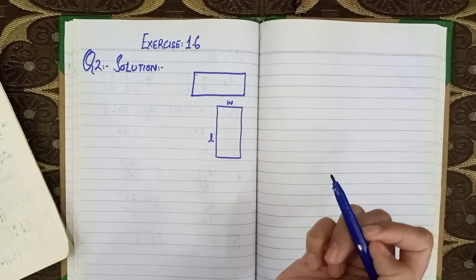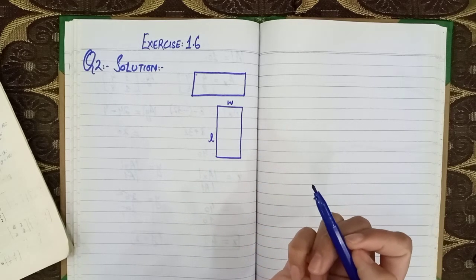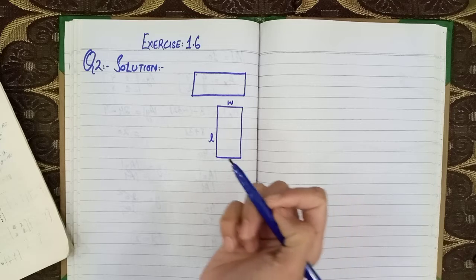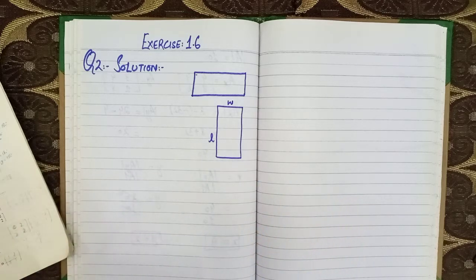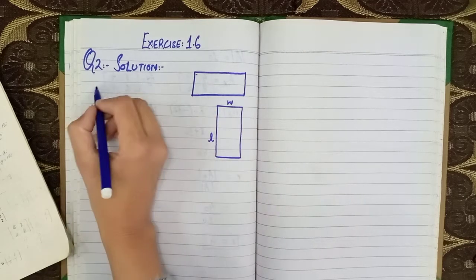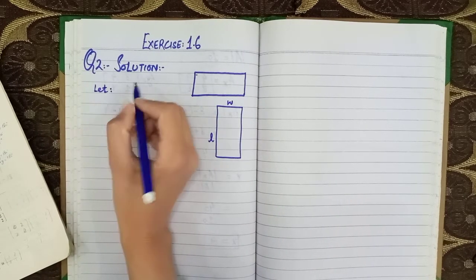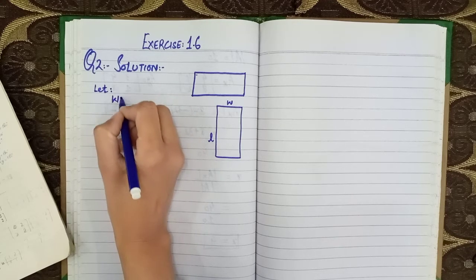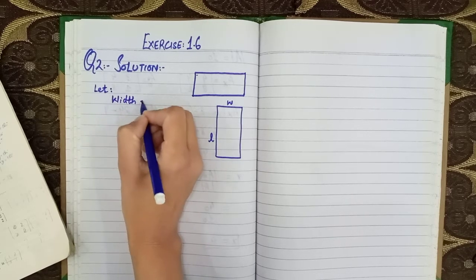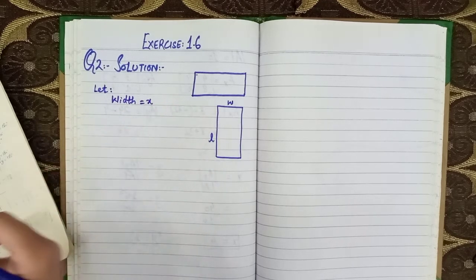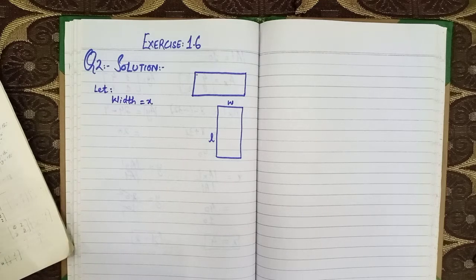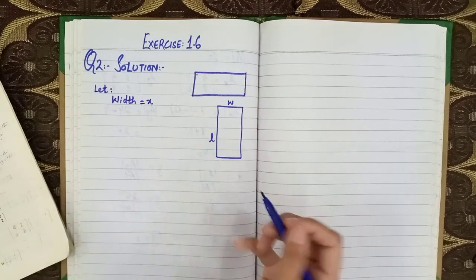Okay? So we are going to read the statement from the end. The length of a rectangle is 4 times its width. Let's say width equals x. Then they are saying 4 times of width.